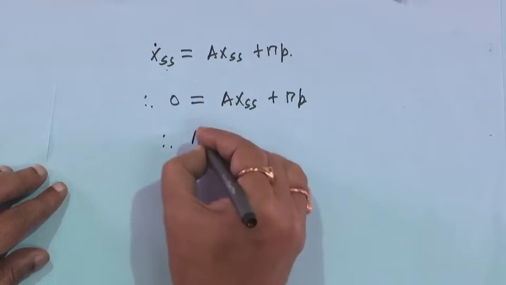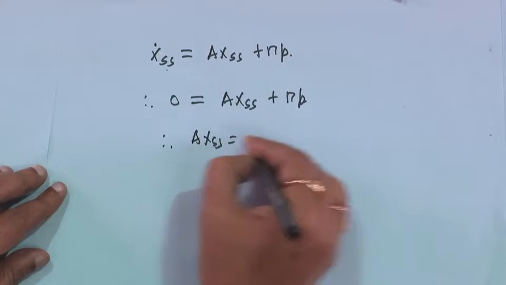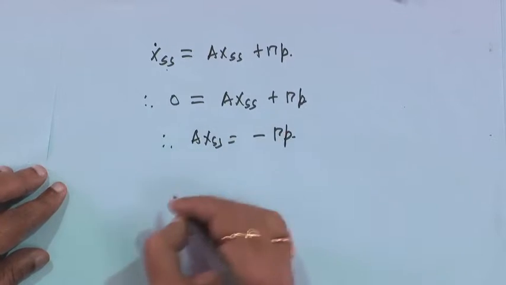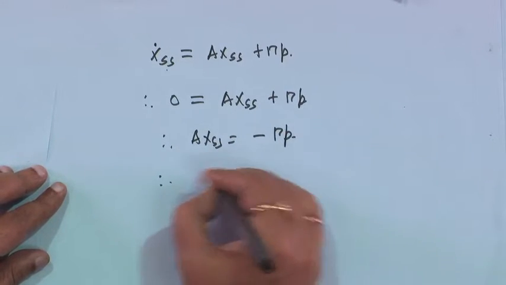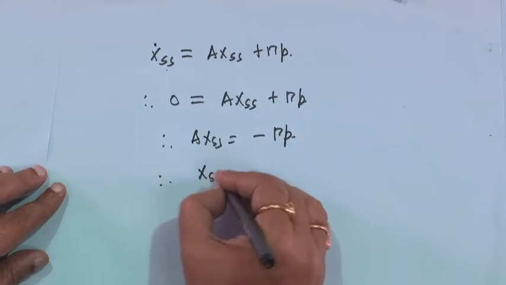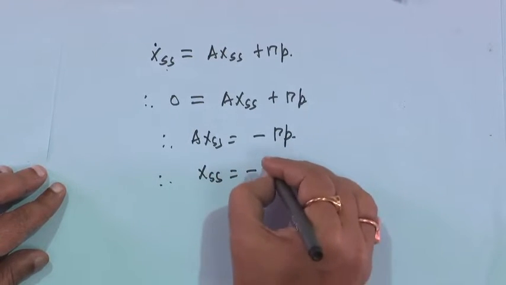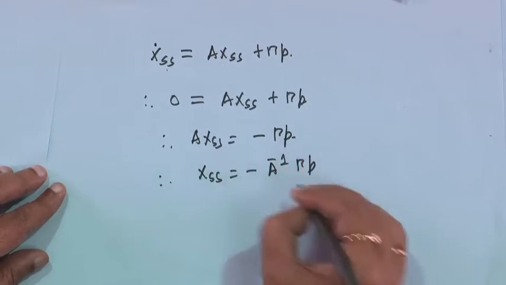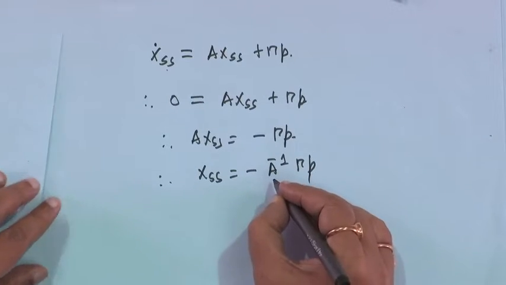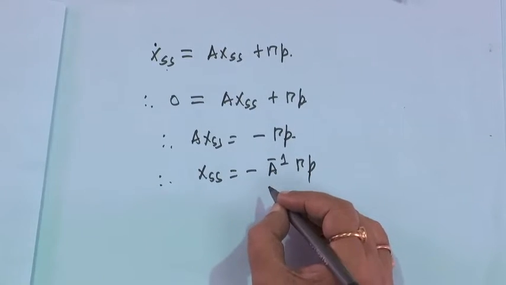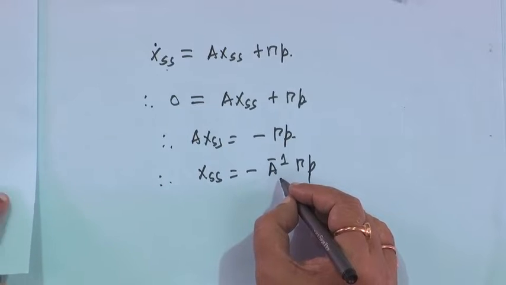That means A x SS is equal to minus gamma p. Multiplying both sides by A inverse, x SS is minus A inverse gamma p. Only thing is that A inverse has to exist, but for this kind of system, let me tell you A inverse exists.